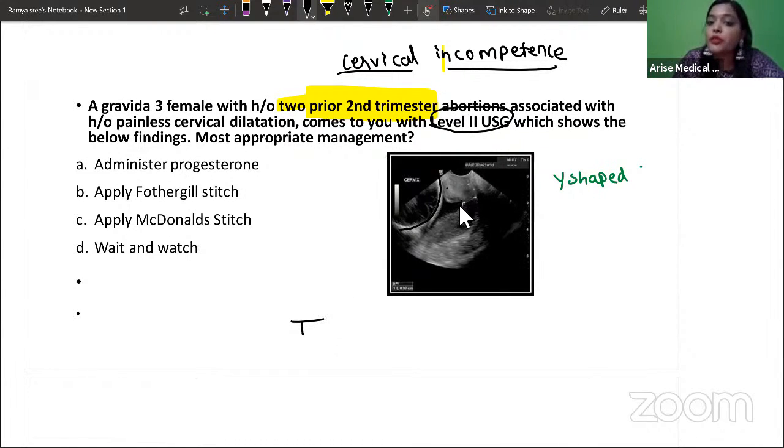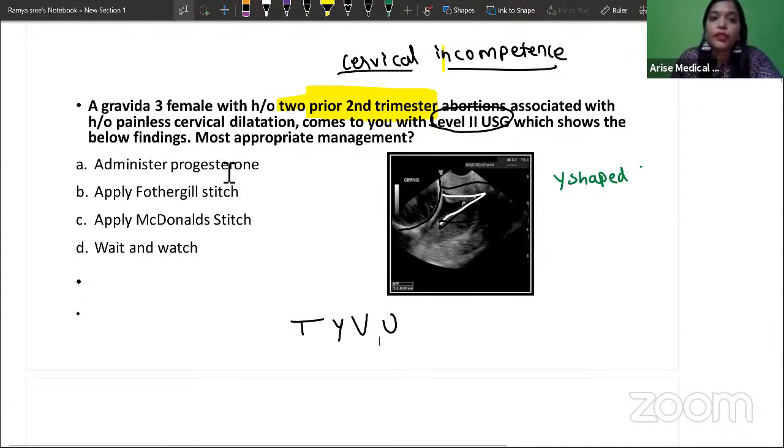Then when the upper part is open and the lower part is closed, it will look like Y-shaped. Next, from above to below, it will get open, which will look like V-shaped. And then we have the bulging of membranes along with the shape, that will be U-shaped. Excellent, VS. So it is TYVU shaped. TYVU shaped. Right.